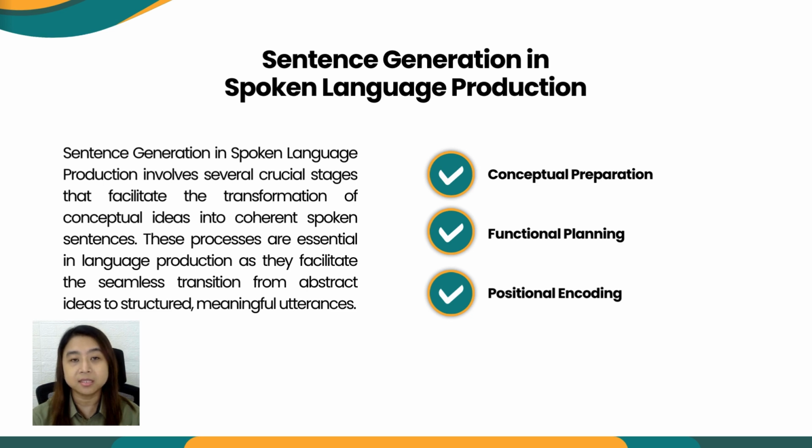Second one is sentence generation in spoken language production. Sentence generation in spoken language production involves several crucial stages that facilitate the transformation of conceptual ideas into coherent spoken sentences. These processes are essential in language production as they ensure a seamless transition from abstract idea to structured, meaningful utterance.